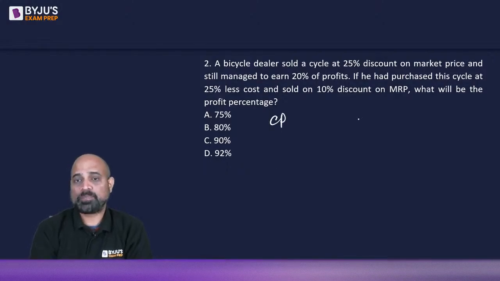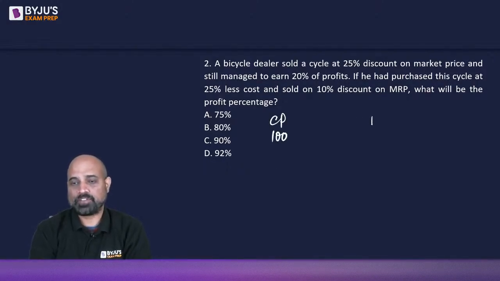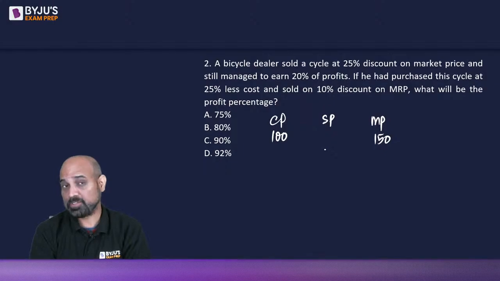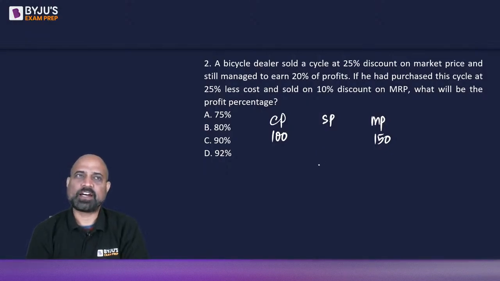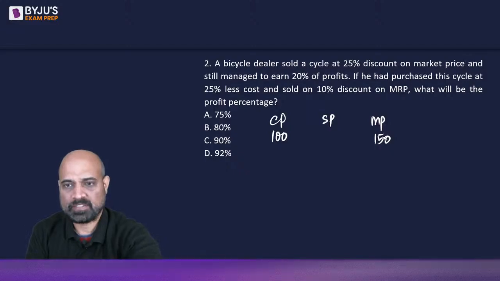So if the cost price is 100 rupees and the mark price is 150 rupees, when you give a 25% discount, 25% or 1/4 of 150, no. If you take 1/4 of 150, it won't end in that. It should be 160.